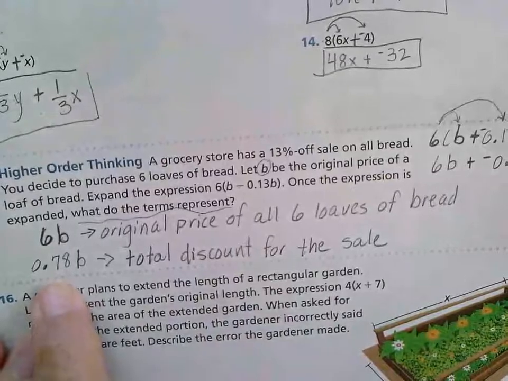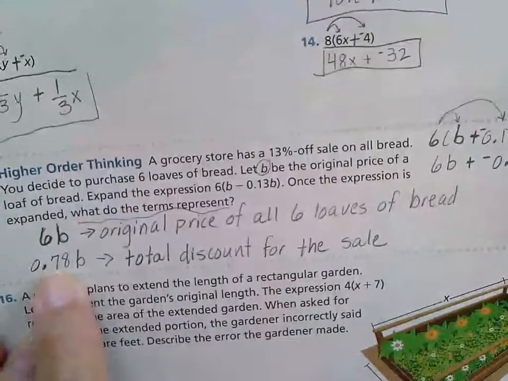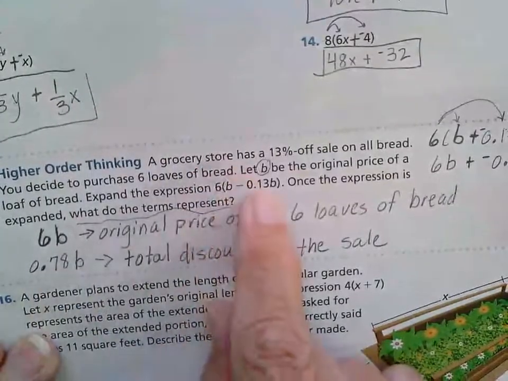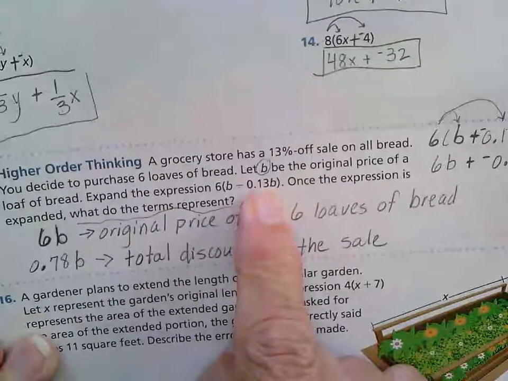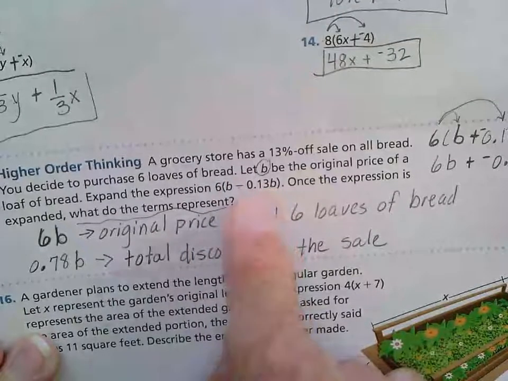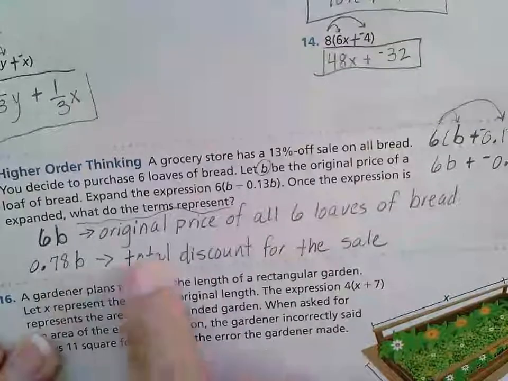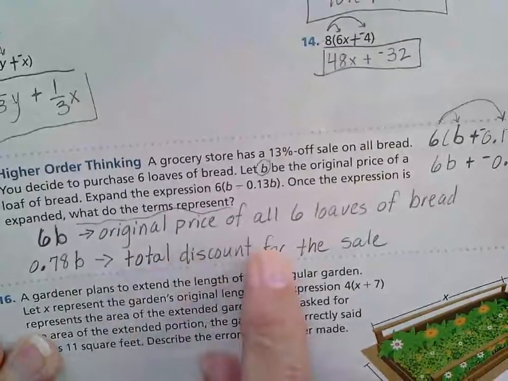When you buy 6 loaves, this is the discount you're going to get, not just this discount. So this represents the total discount for the sale.